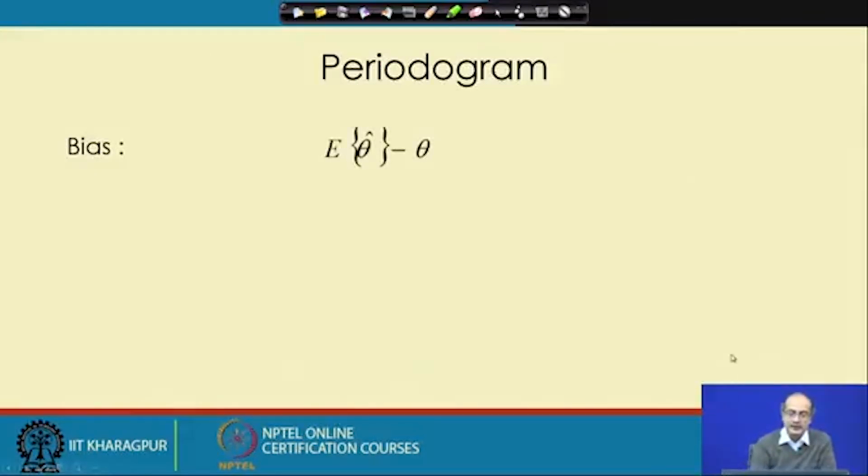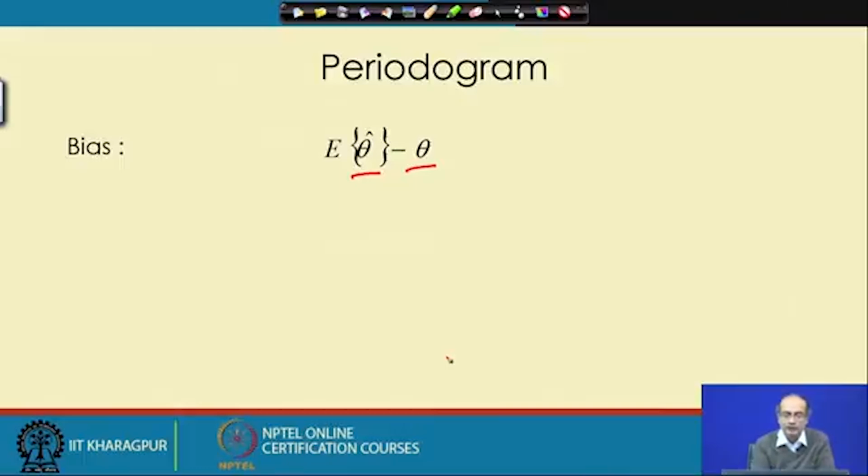The bias means, first of all, let us take that here is the variable theta, if we want to estimate, and if the estimated value is theta hat. Okay. So, in that case, the expected value of theta hat is providing the mean.